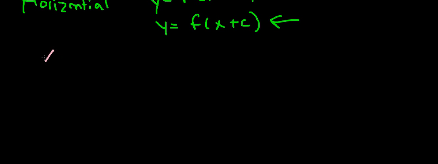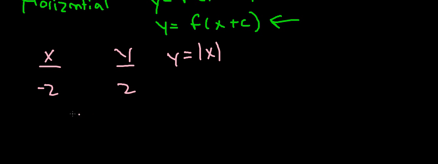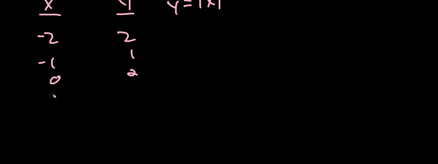So let's do the same. Let's make it a little bit different. Let's do y is equal to the absolute value of x again. So we have minus 2, 2, minus 1, 1, 0, 0, 1, 1, 2, 2.